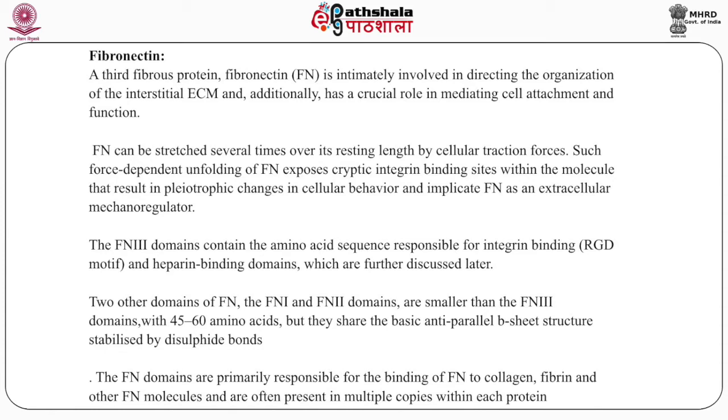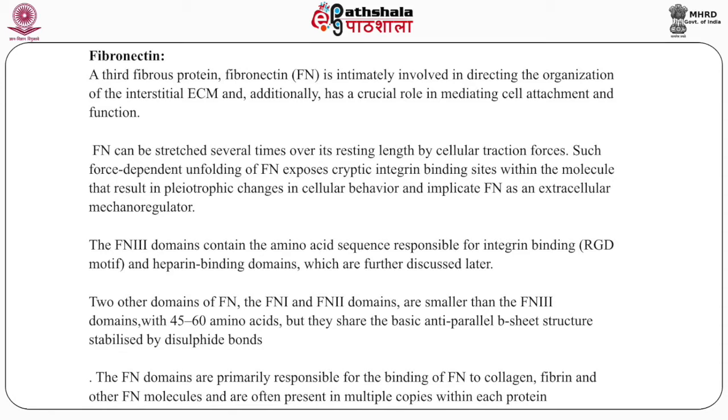Fibronectin can be stretched several times over its resting length by cellular traction forces. Such force-dependent unfolding of fibronectin exposes cryptic integrin binding sites within the molecule that results in pleiotropic changes in cellular behavior and implicates fibronectin as an extracellular mechanoregulator.